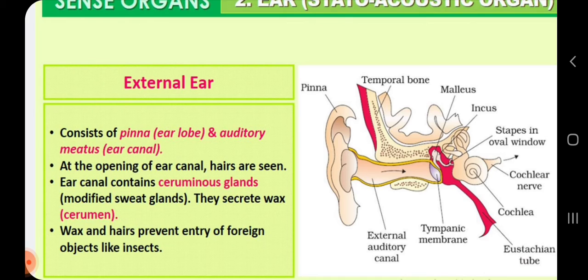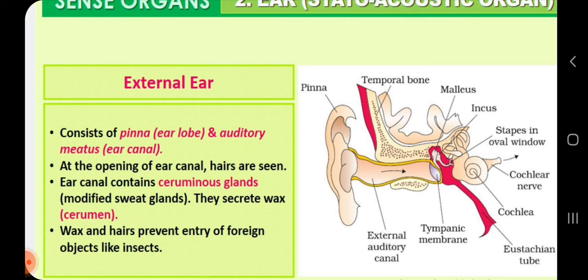The tympanic membrane consists of connective tissue which is covered with skin outside and with mucous membrane inside. Means the eardrum, outside it consists of connective tissue with skin, and inside it consists of mucous membrane.